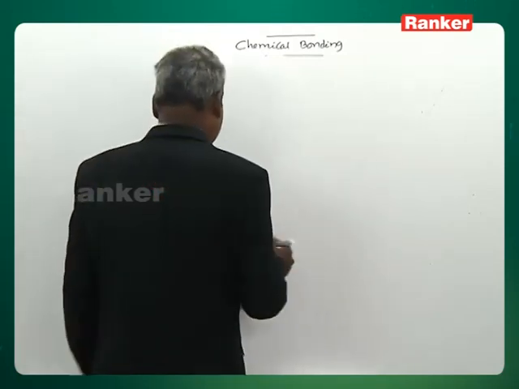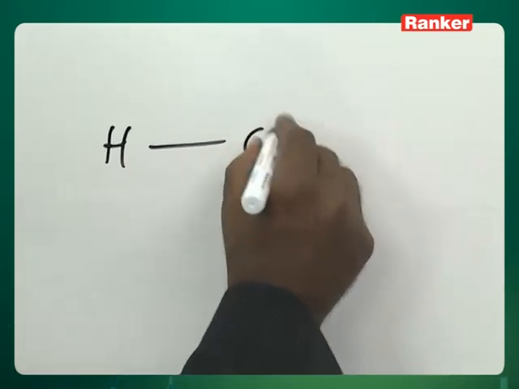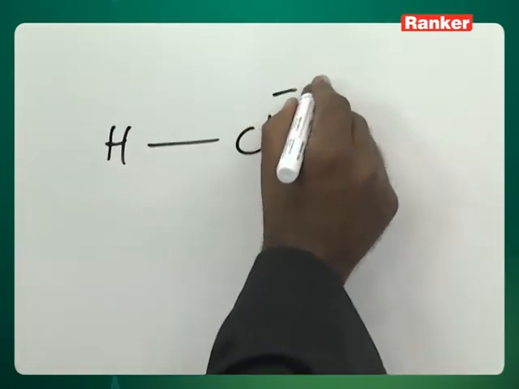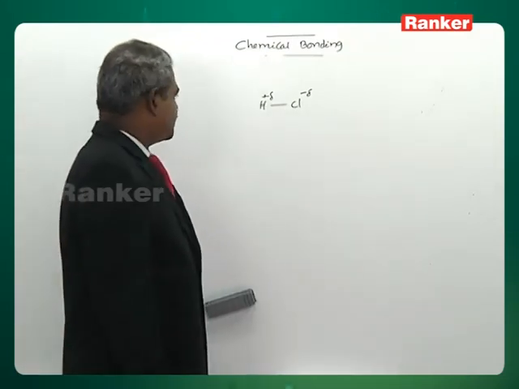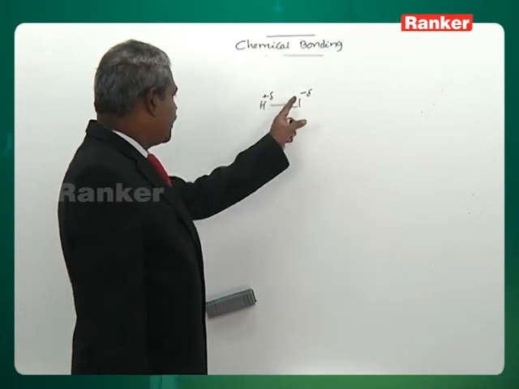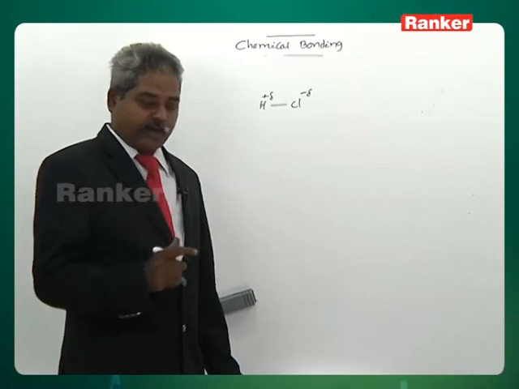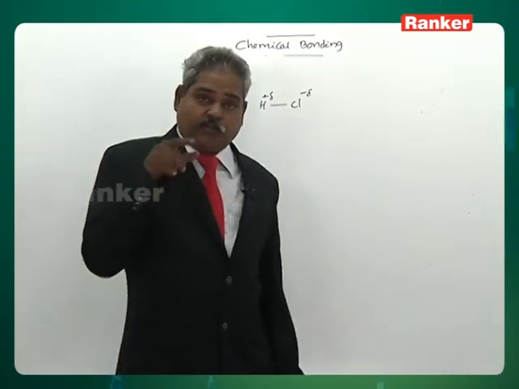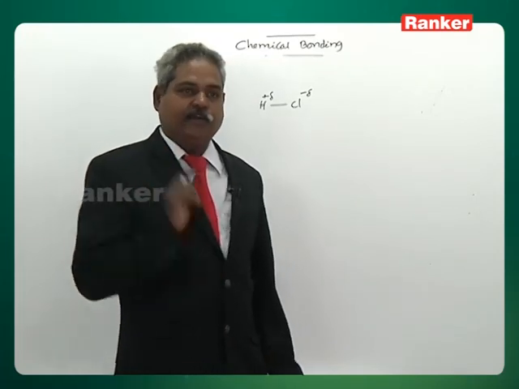And as a result of this polarity, this becomes minus delta and this becomes plus delta. And there is an electrostatic force of attraction between these two. Whenever there is a force multiplied by distance, a moment is developed.